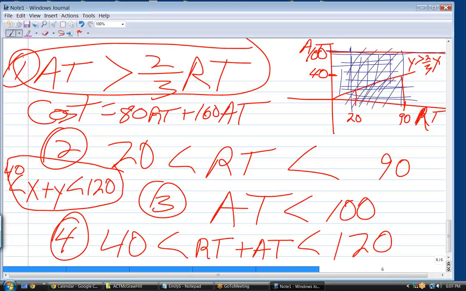That means y has to be greater than 40 minus x, which is a slope of -1. And also y has to be less than 120 minus x.